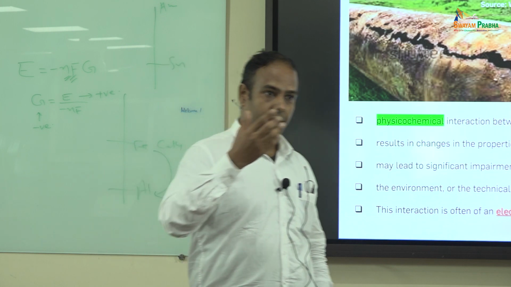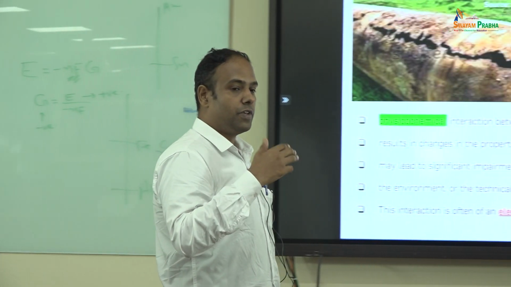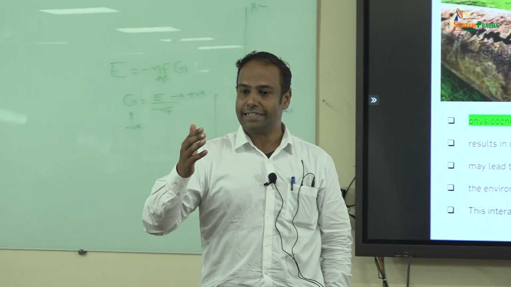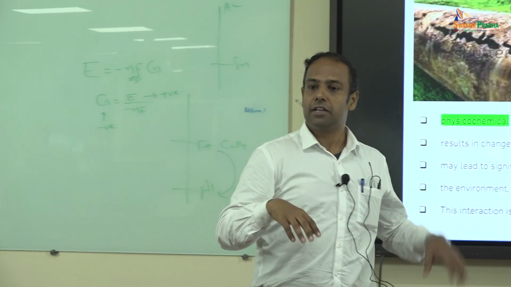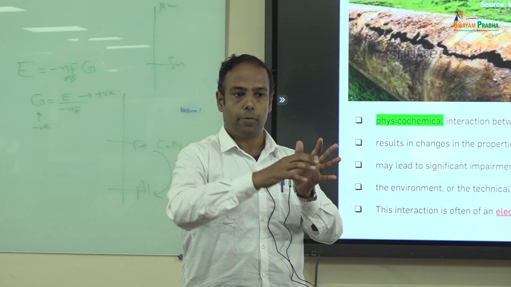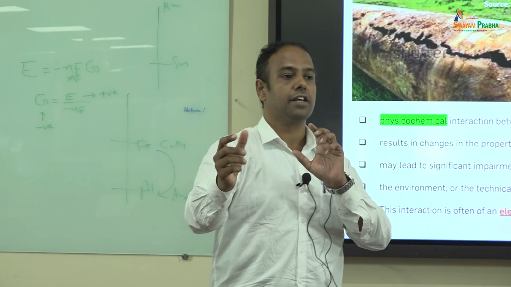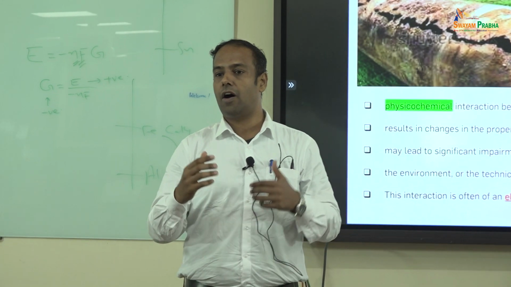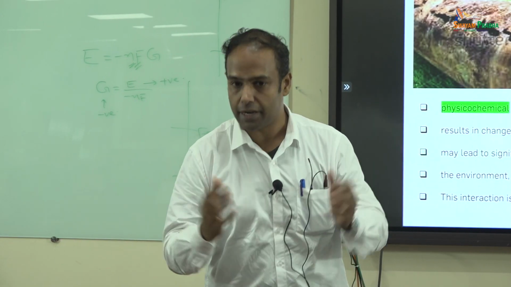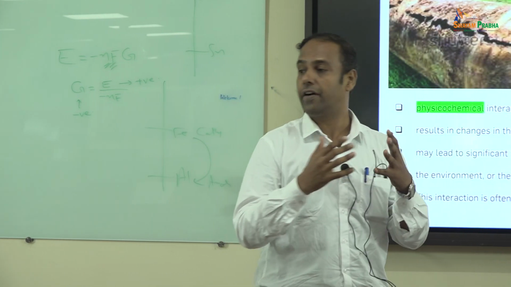Charge transfer. So when I look at an interface of a metal with the environment, we say that there is an interaction, and that interaction is electrochemical in nature. Since we talk about charge transfer, the surface is not neutral. The surface has a certain charge in vacuum, and when you bring it to the aqueous environment, based on what happens to the metal surface, there is going to be an alignment or arrangement of these charges which leads to a difference developed at that electrolyte interface, which we call the electrified interface.